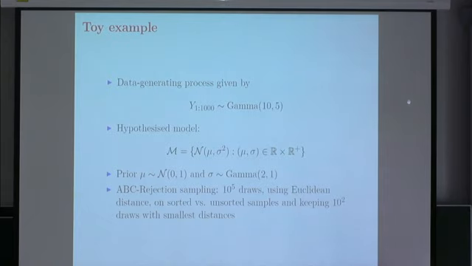So we have mostly toy examples in the talk. If you take, say, a true data generating process that is a gamma distribution, but assume that your data is normal with those two parameters, mu and sigma, you can run the ABC on this problem. And using the Euclidean distance rather than the sorted distance does provide a worse approximation.